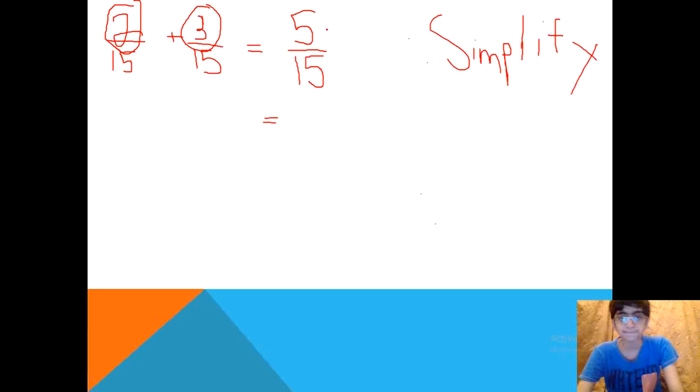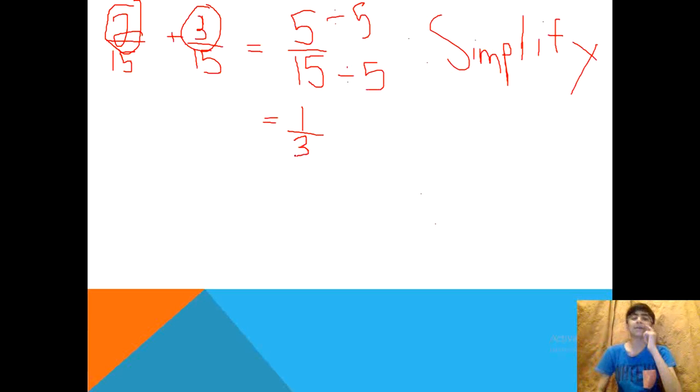Because both of these numbers are in the 5 times table, we will just divide both of them by 5. So 5 divided by 5 is 1 and 15 divided by 5 is 3. So the answer is 1 over 3, which means 1/3.